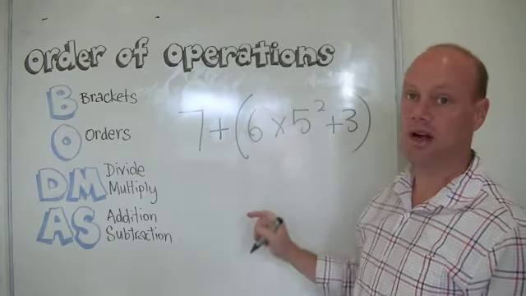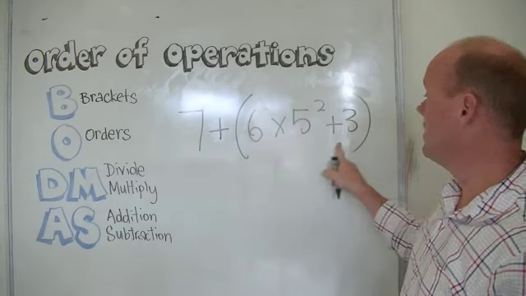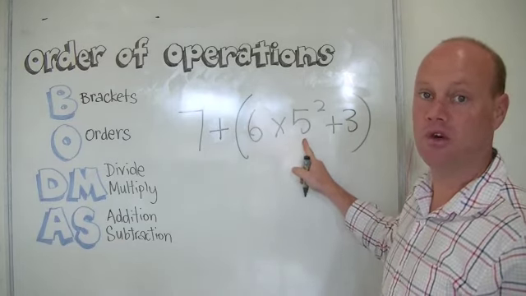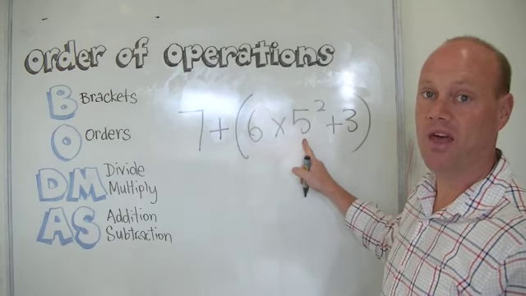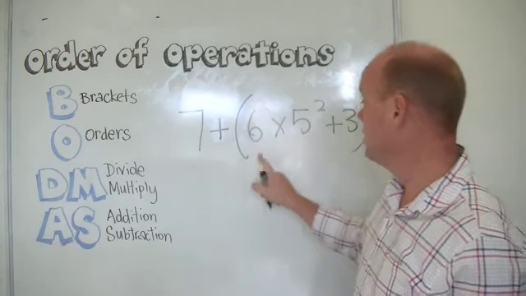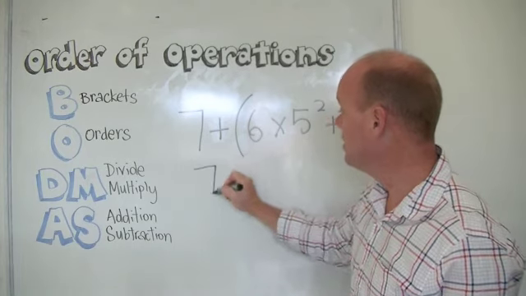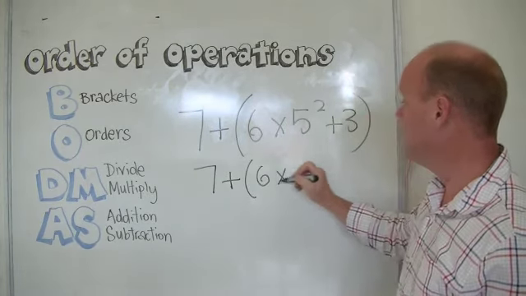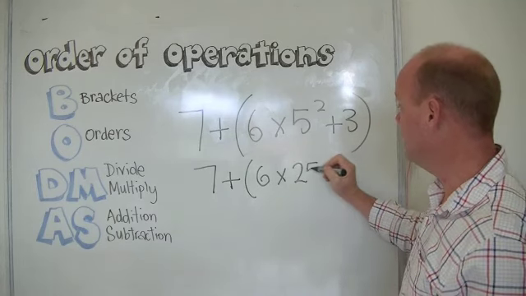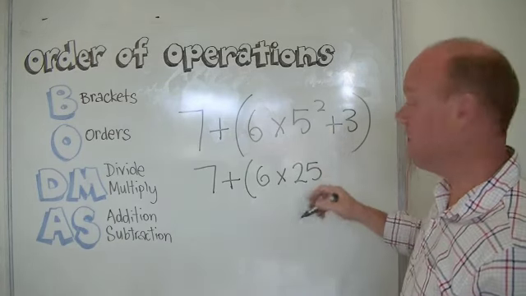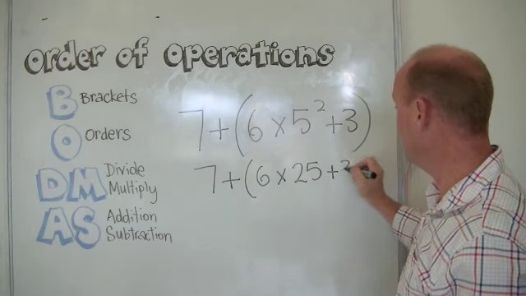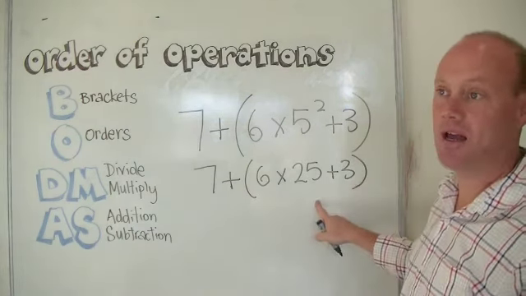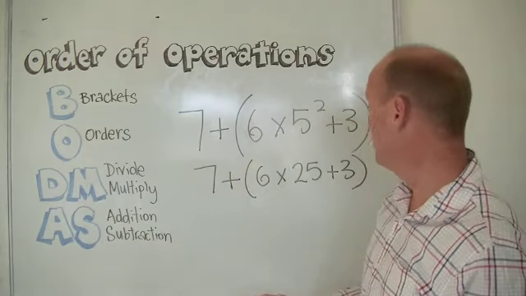Now, within the brackets, there are also some mixed operations, and I can see in here that there is a squared number, an order, and that needs to be solved first. So, our problem now becomes 7 plus 6 multiplied by 25, 5 squared is 25, add 3, and that's our next step. We're still working within brackets, but we've solved our orders.